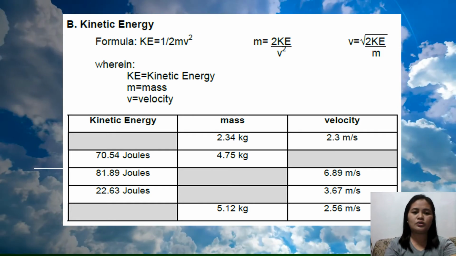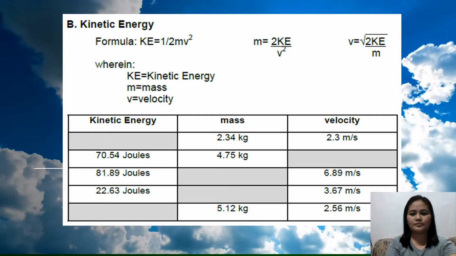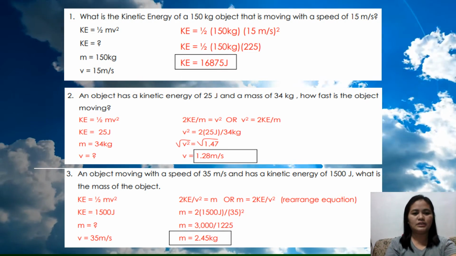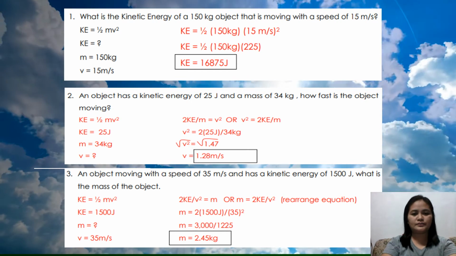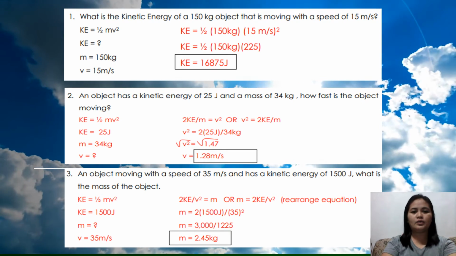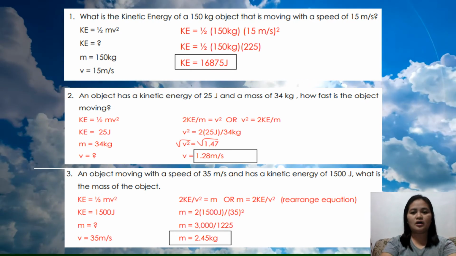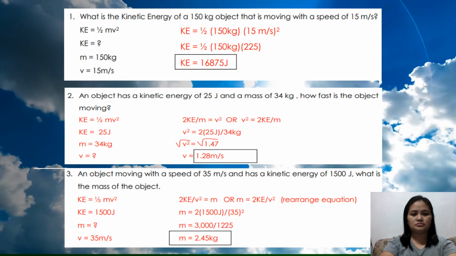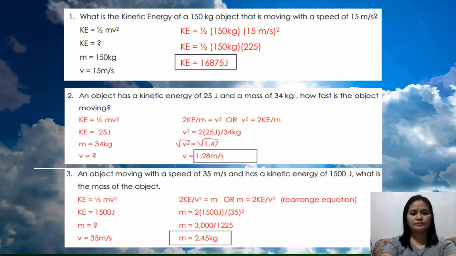Okay, I will show you sample problems. Let's go. Ito siya. Number 1. Solution for kinetic energy. What is the kinetic energy of a 150 kilogram object that is moving with a speed of 15 meters per second? What is the formula? Tandaan mo lang yon.